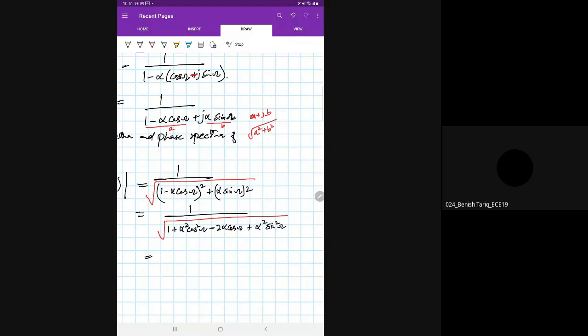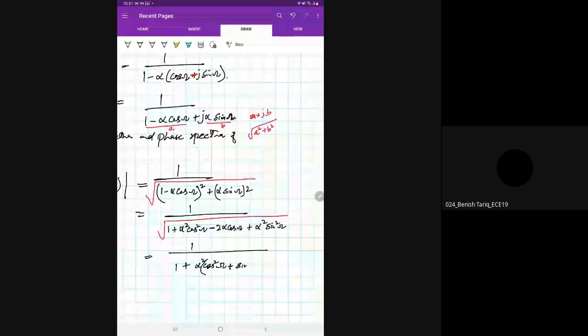This will now become, see, it can be written as 1 plus, then you have alpha square, I'll write down like this, cos square omega plus sine square omega, minus twice alpha cos of omega.